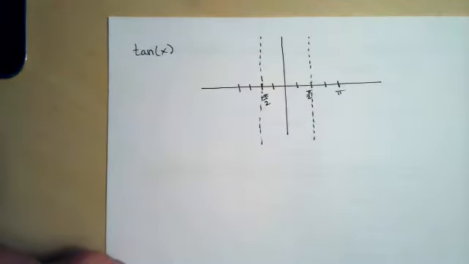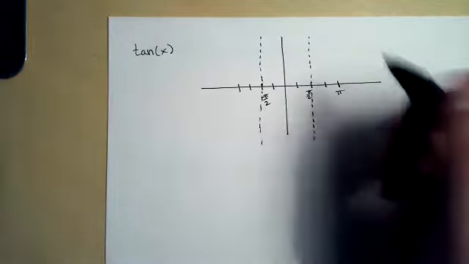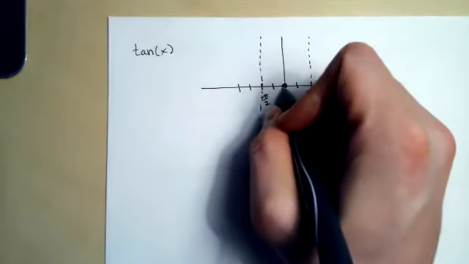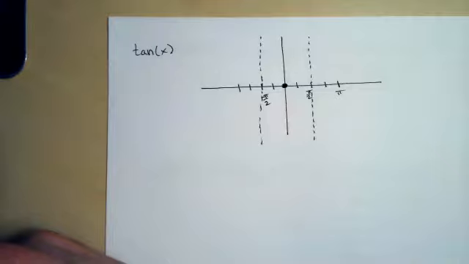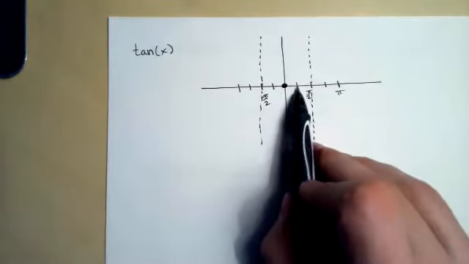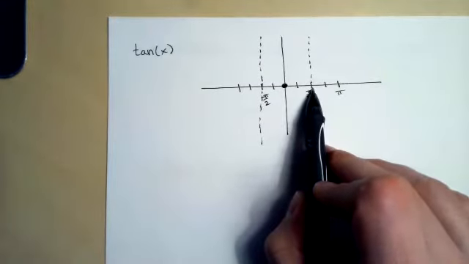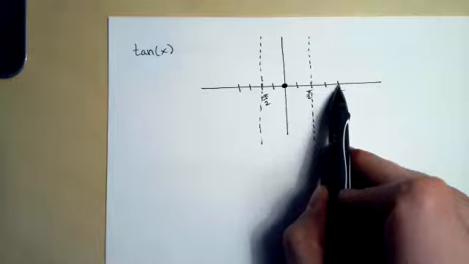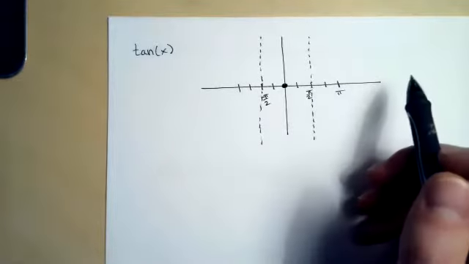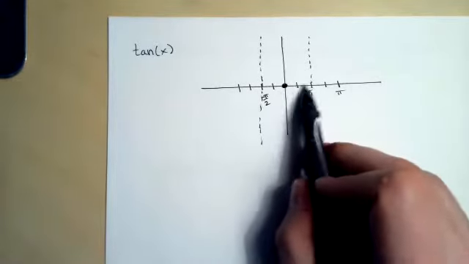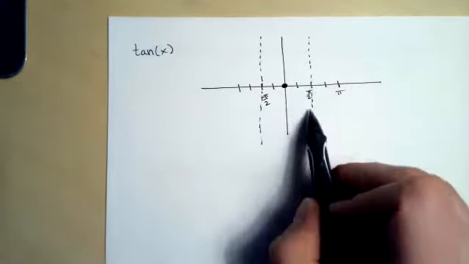Another way you can count these is from the starting point. So tangent, just like sine, starts at the origin. So I know I'm going to have that starting point. And then every 2 tick marks, it's either going to be an asymptote or another starting point. So I go over 2, I've got an asymptote.